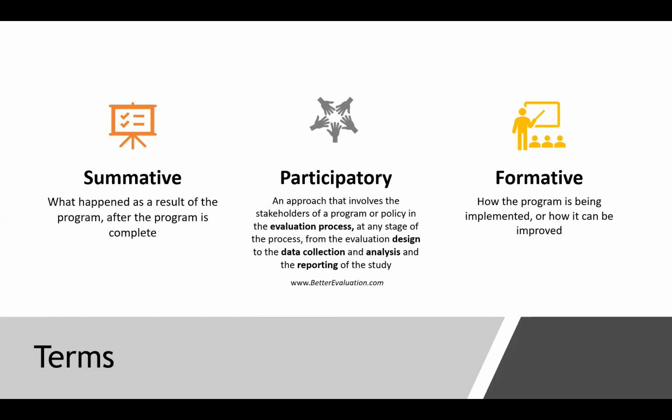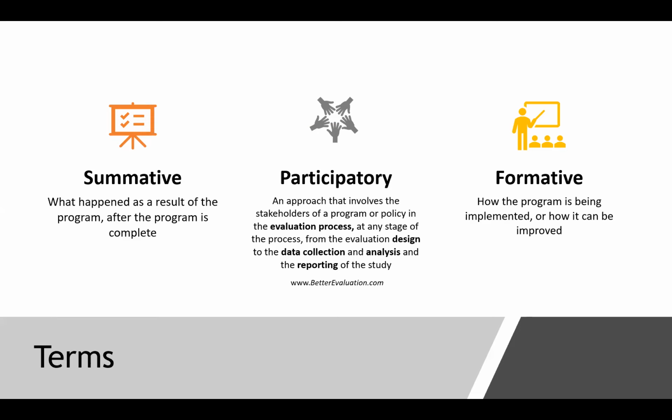So a few last terms before jumping into how to identify outcomes that are important to share are summative, formative, and participatory evaluation. So you may have come across these before, but just as a reminder, summative evaluation is that which is done at the end of a program, however you're defining the program. And it's trying to make some claim about what happened as a result of the program.